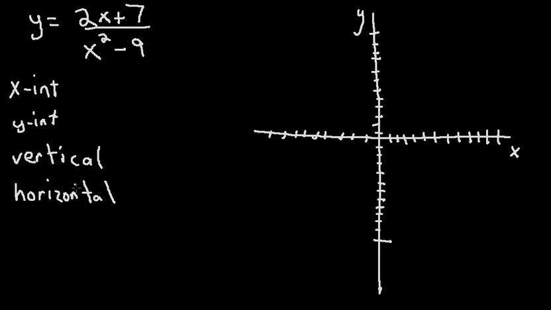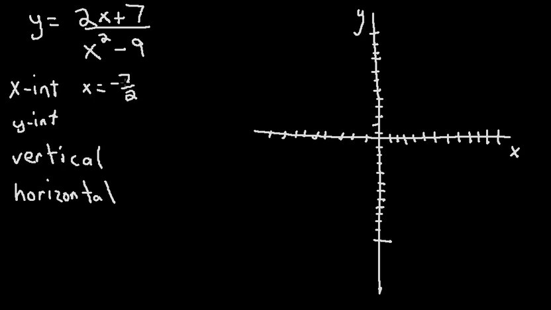First thing I want to do is let's identify the x-intercepts. For the x-intercept, take the numerator and solve that for 0. Well, I'm going to go 2x plus 7 equals 0. Let's do that in our head. Subtract 7. Your x-intercept is x equals negative 7 over 2.